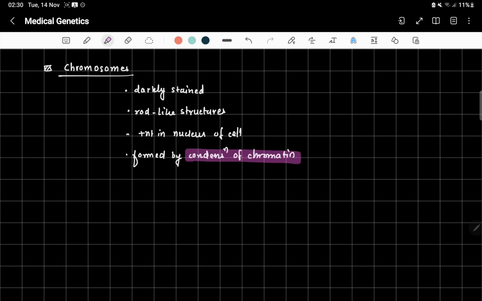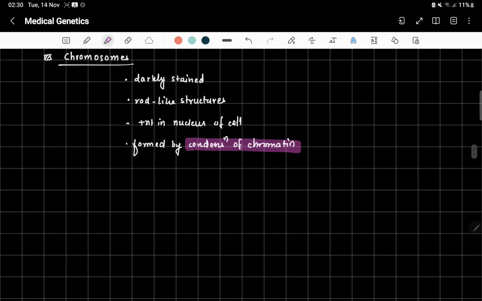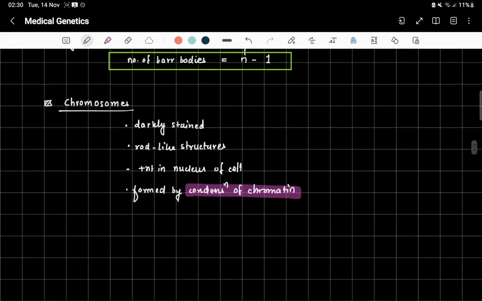Each chromosome has identical filaments called chromatids, and they are joined together at a constriction called the primary constriction.